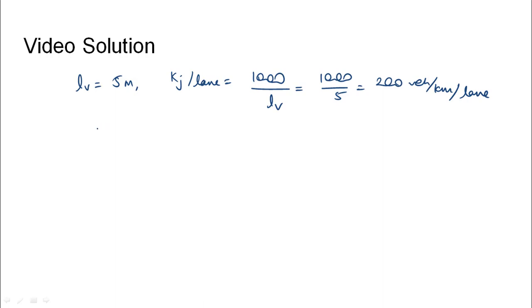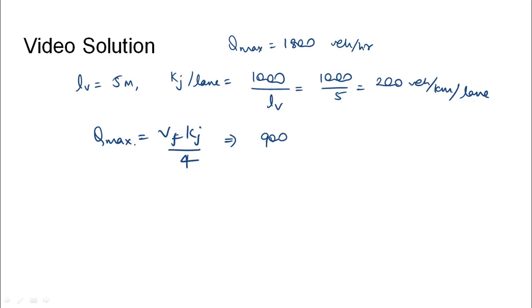Using this and the relationship from the Green-Shields model, that is Qmax is equal to Vf into Kj over 4, where Qmax is given as 1800 for two lanes, so for one lane it would be 900, equals Vf into 200 divided by 4. From this we would get the value of Vf as 18 kilometers per hour.